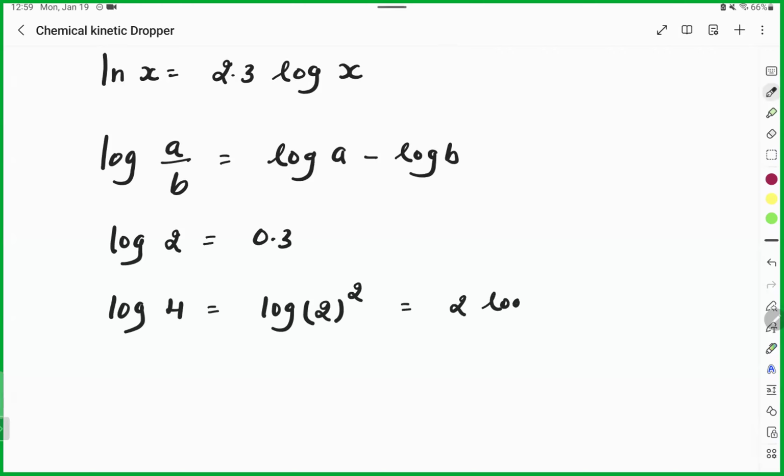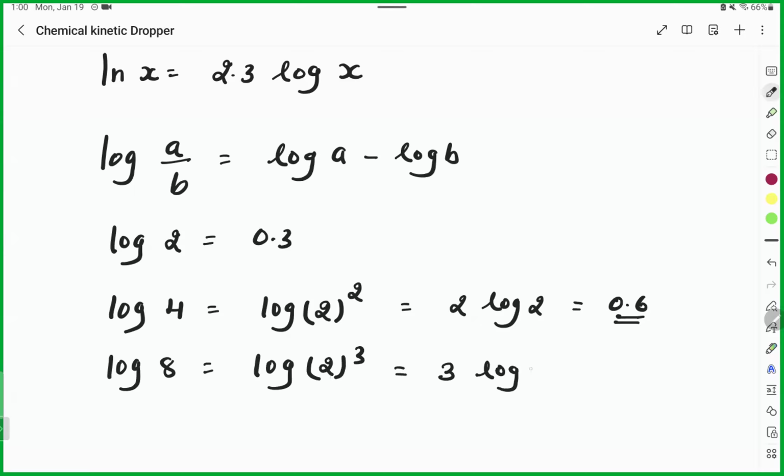So log 4 is almost equal to 0.6 something. Makes sense? Yes, yes. So in a log 8 value, sir, it will be log 2 to power 3. So 3 times 3, log 8 means 0.9.